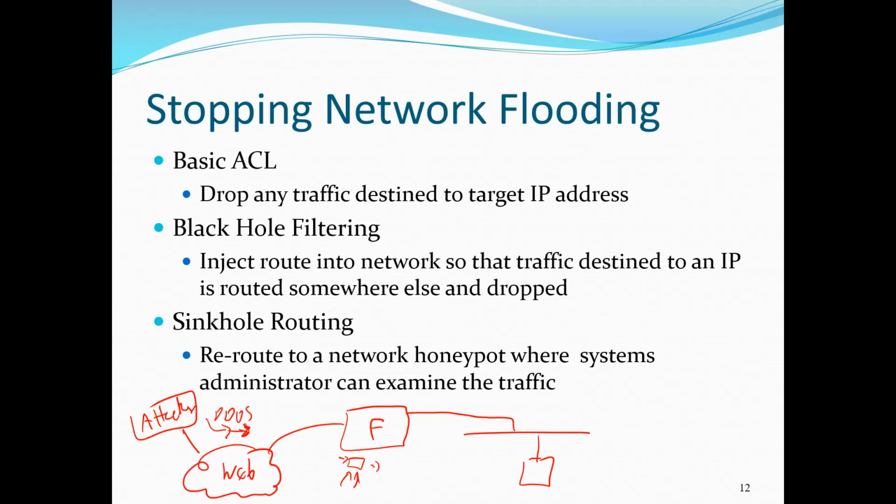And so you can change it so that if you've attached a honeypot to your network, you can always send the data there. So reroute to a network honeypot where system administrators can examine the traffic. That's an example of how firewalls can act as modifiers of packets and just redirect them somewhere else.